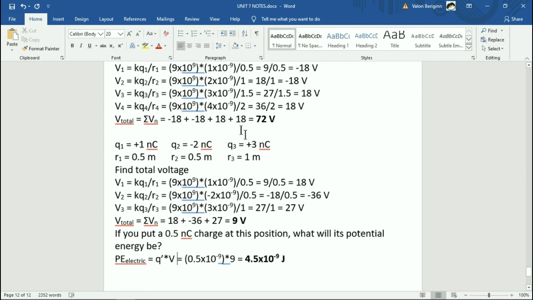So notice I never use any of these charges more than once. So that's sort of the key for this, is that each charge only use once. So if you're ever sort of confused about when to use one charge over another, that's my best advice, is you should never use the same charge more than once, within a question, obviously. But yeah, so that's my main advice for that.